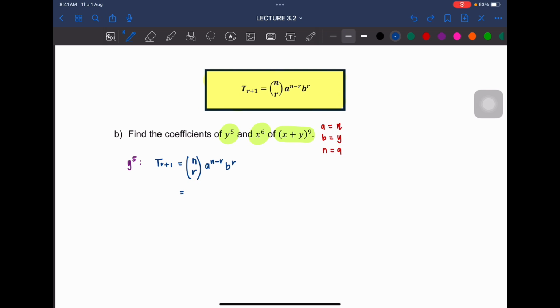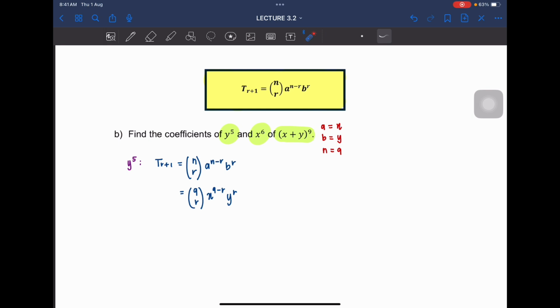So our n is 9. R we don't know yet, so just put r. And then our a is x to the power of 9 minus r, and b is y to the power of r.